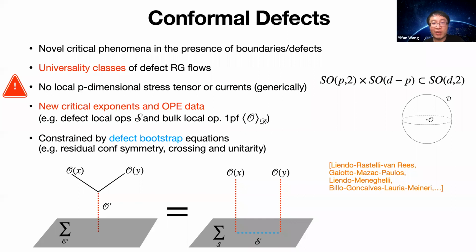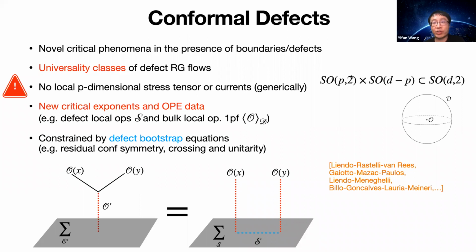Conformal defects are defects that break part of the bulk conformal symmetry, but preserve some lower dimensional conformal symmetry, SO(p,2), for a p-dimensional conformal defect in a d-dimensional CFT.